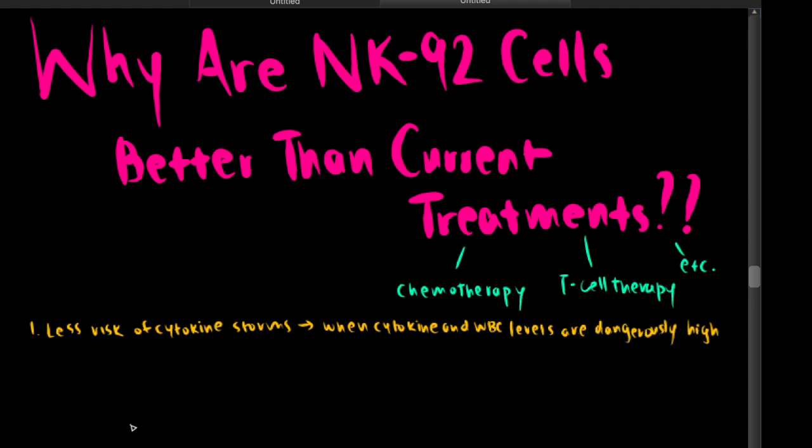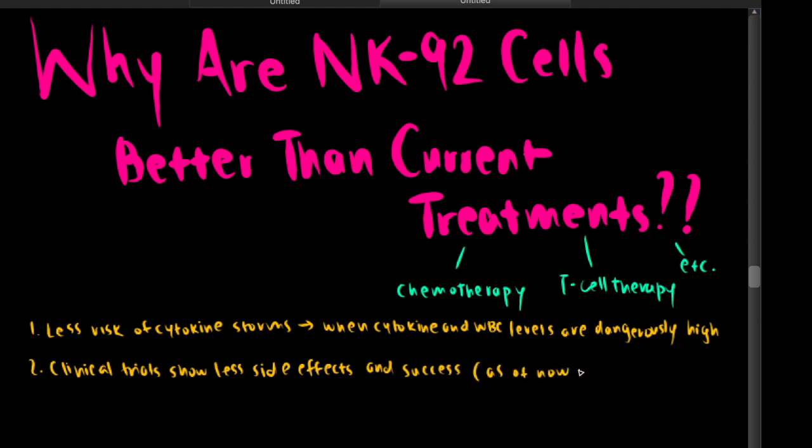So, NK cells are a very good method of treatment because, first of all, there's less risk of cytokine storms, which is when cytokines and white blood cell levels are dangerously high. And second, clinical trials have shown less side effects and more success as of now.